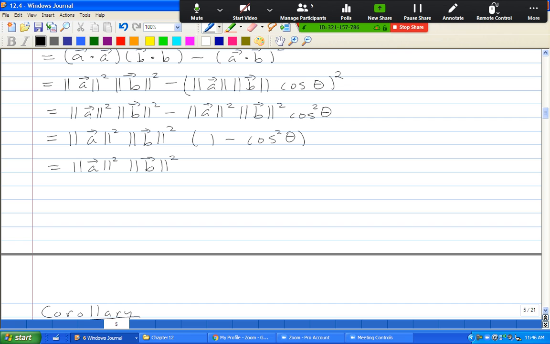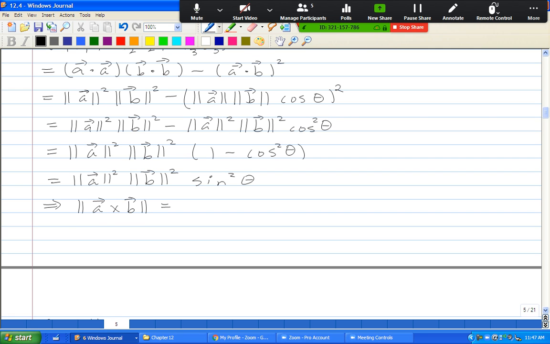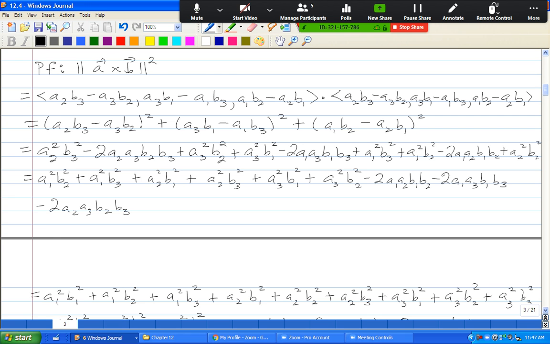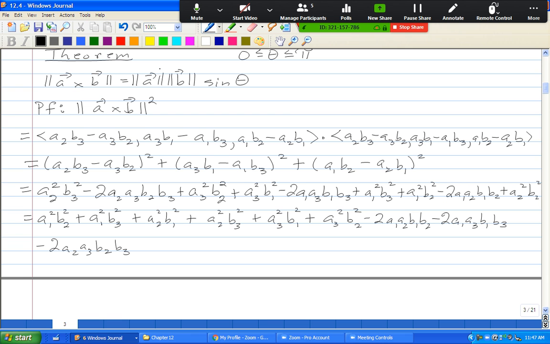And 1 minus cosine squared is sine squared. So therefore, I get that A cross B is just equal to taking the square root of both sides of my equation.